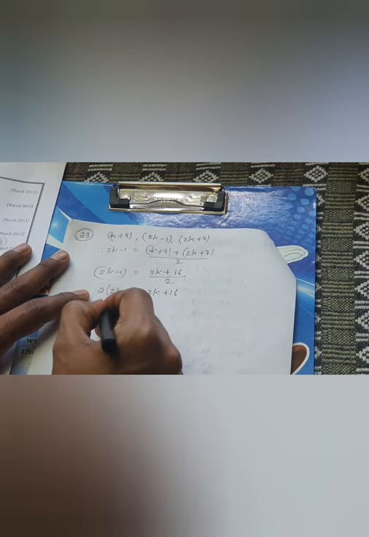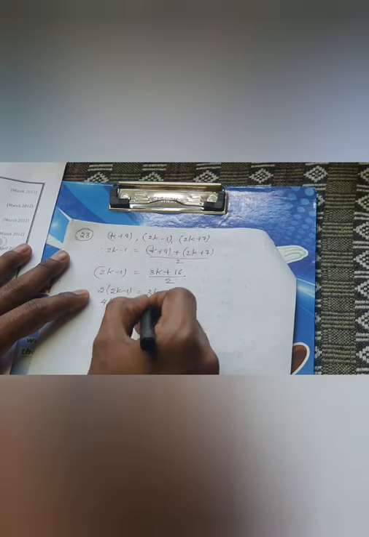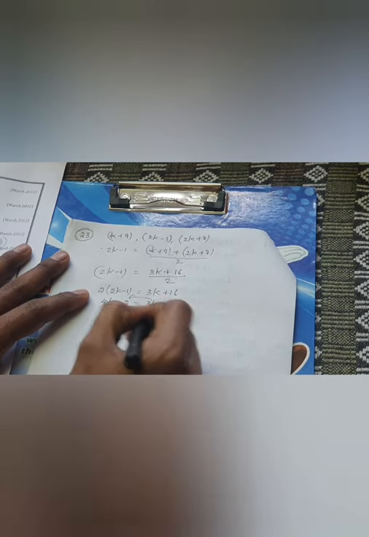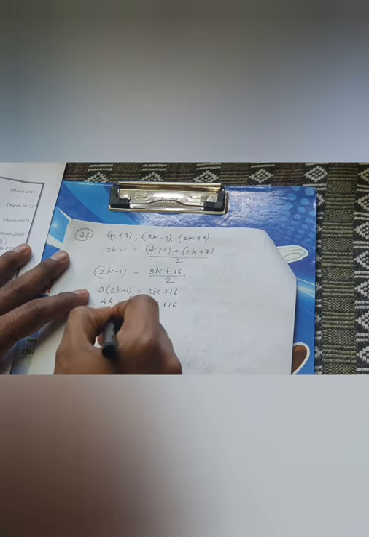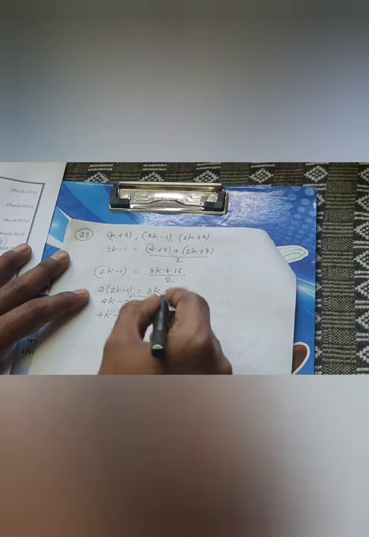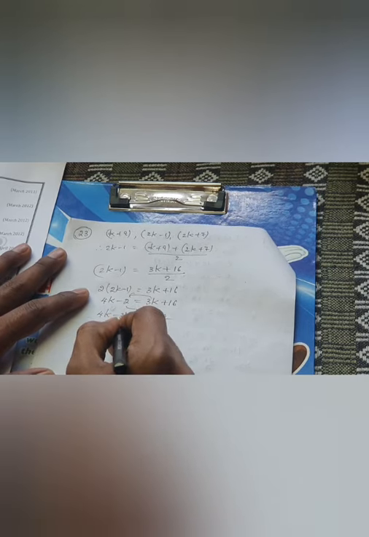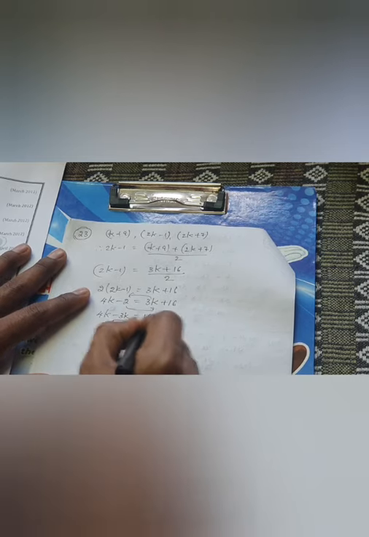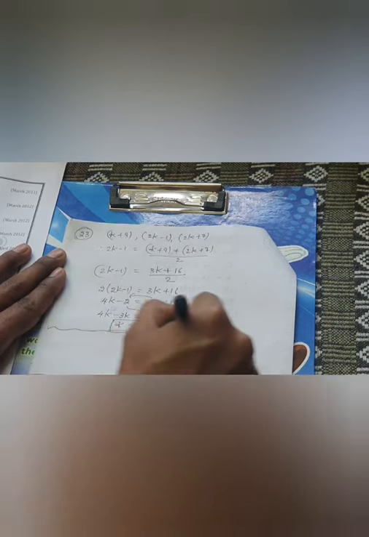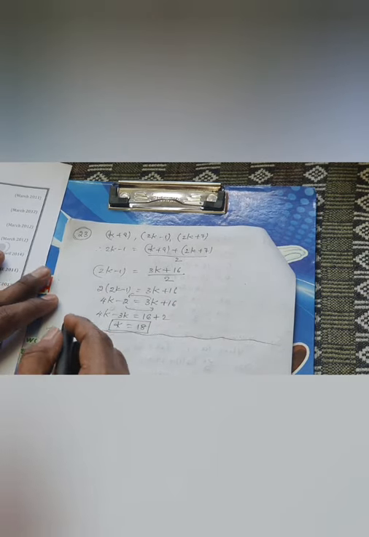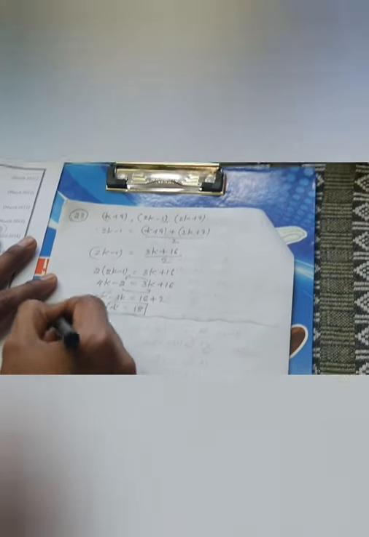So 2 into 2k is 4k minus 2 is equal to 3k plus 16. Bring 3k to the left hand side and 2 to the right hand side. I get 4k minus 3k is nothing but 16, minus 2 becomes plus 2. 4k minus 3k is k, and 16 plus 2 is 18. So the required value of k is 18.